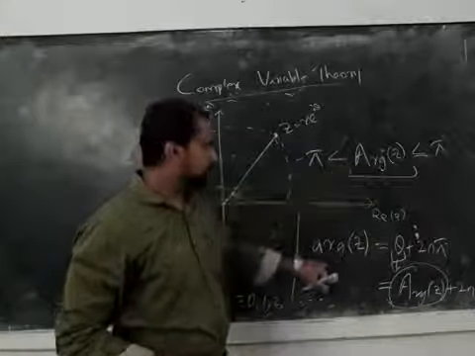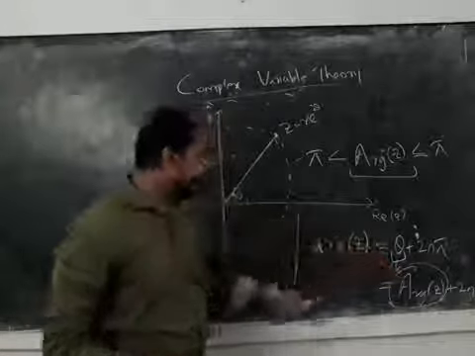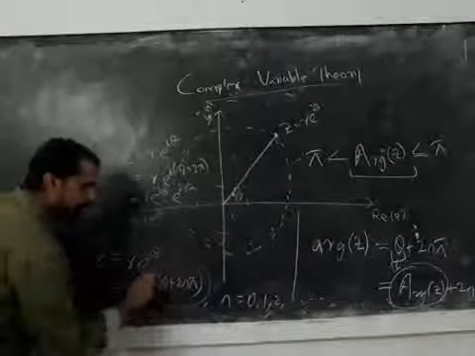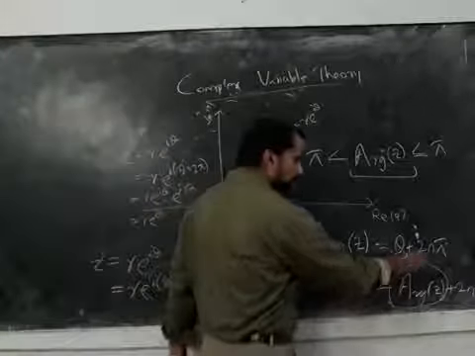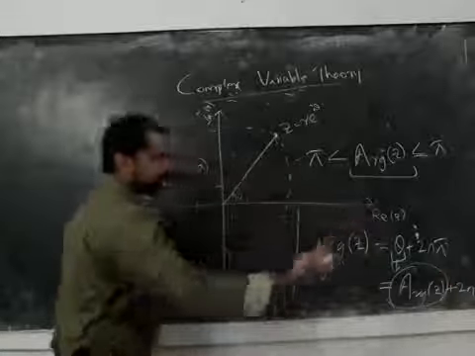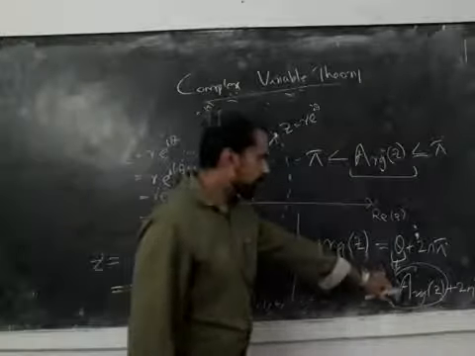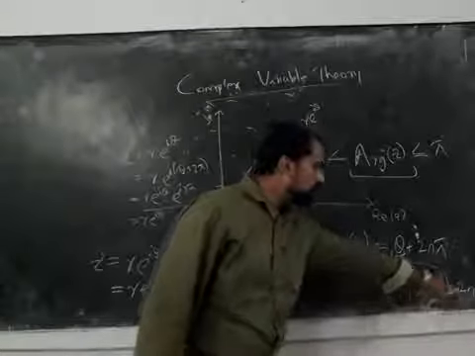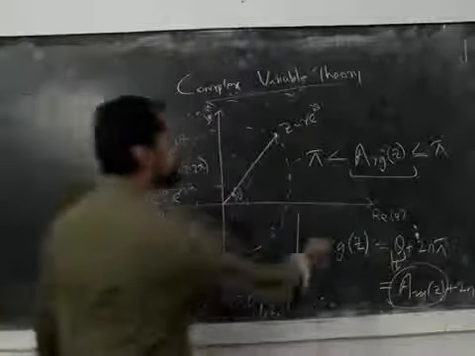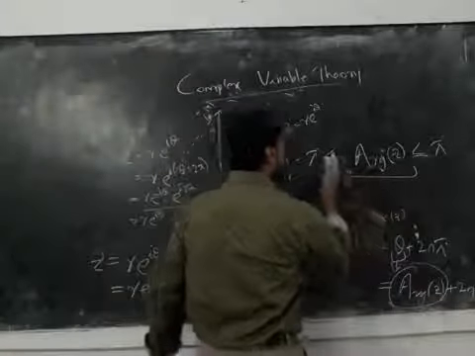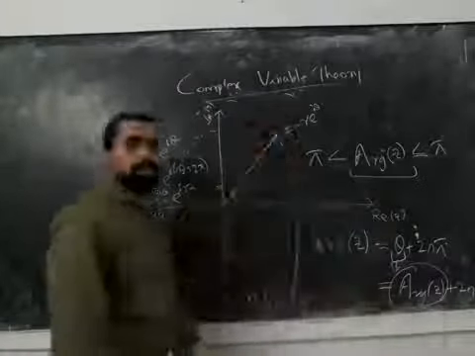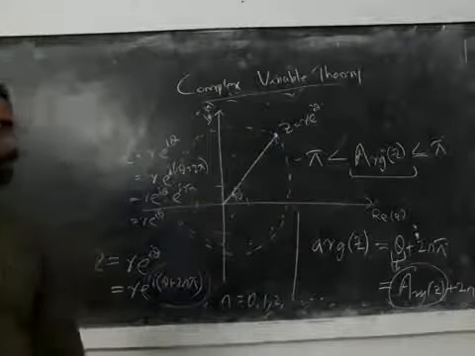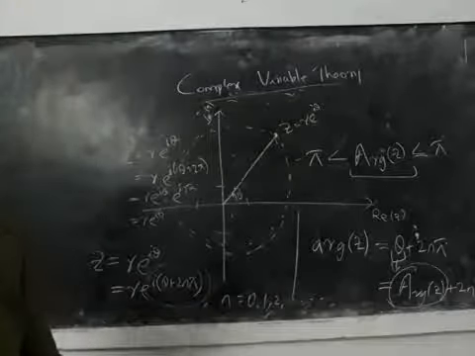The argument of z, this total, has a principal value and an addition of 2n pi, written as capital A Arg z plus 2n pi, and it has the range of values between minus pi and plus pi. In between you will get any values. It won't go beyond pi.